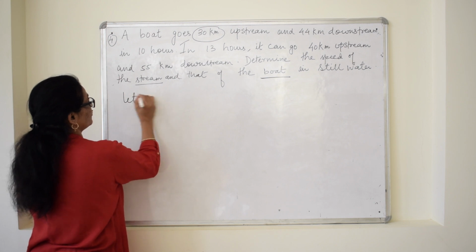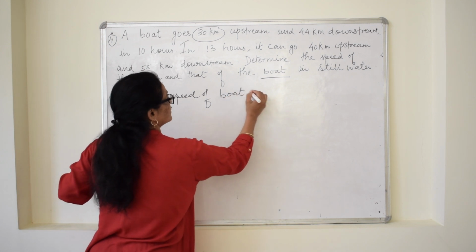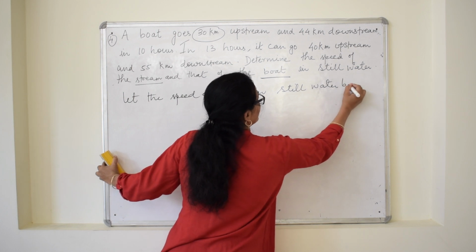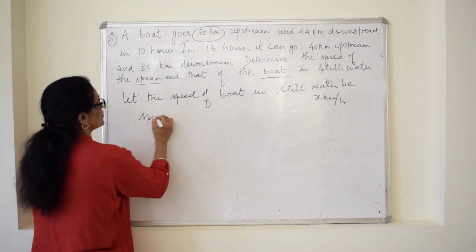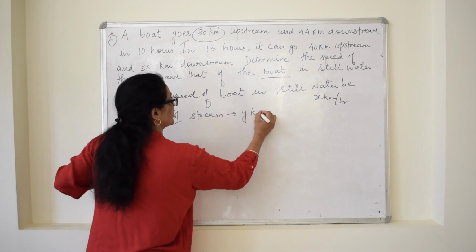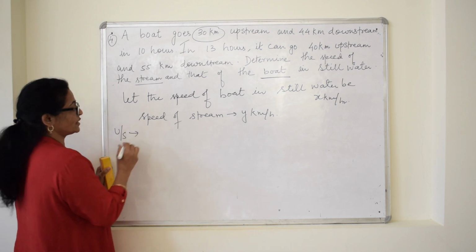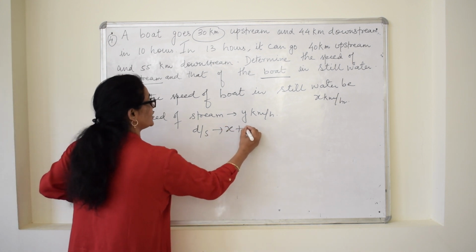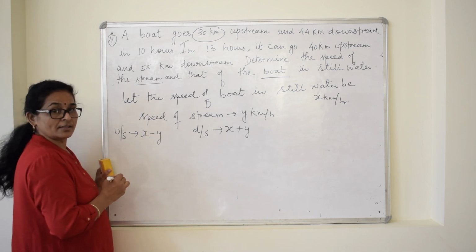So let the speed of the boat in still water be x kilometers per hour and the speed of the stream we are assuming as y kilometers per hour. Downstream, as I said, both are in the same direction, so x plus y. Upstream will be x minus y.